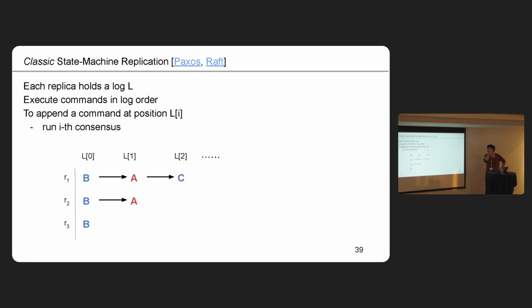So the first approach for doing this that is being used in many systems today is called state machine replication. It's an approach you see in protocols such as Paxos and Raft. The idea is that each of the replicas has a log, okay? And in each position of the log, you store the command you want to execute. And you execute the commands in the order of the log, okay?